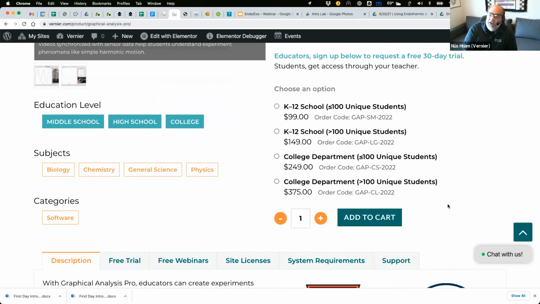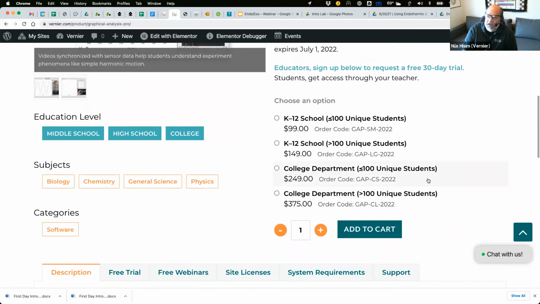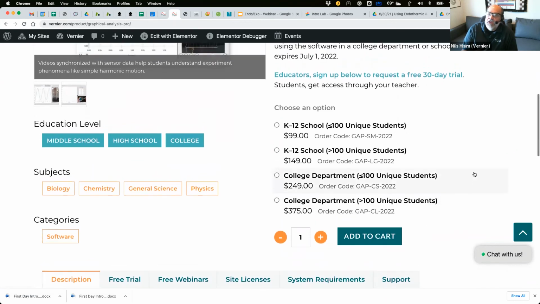If you have 100 students or fewer using Graphical Analysis, then it's $99 for the license for your school. If you have over 100 students, then the license would be $149, and this is for a year. If you're a college, then it's a little more expensive.